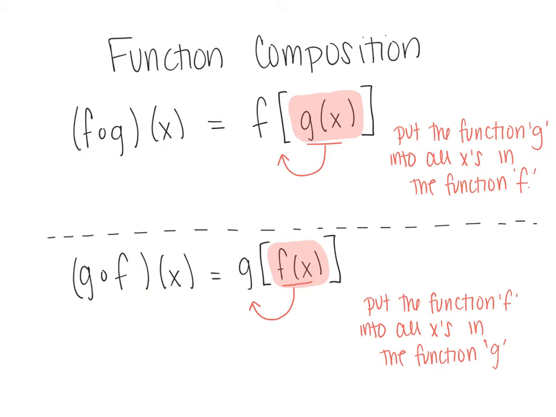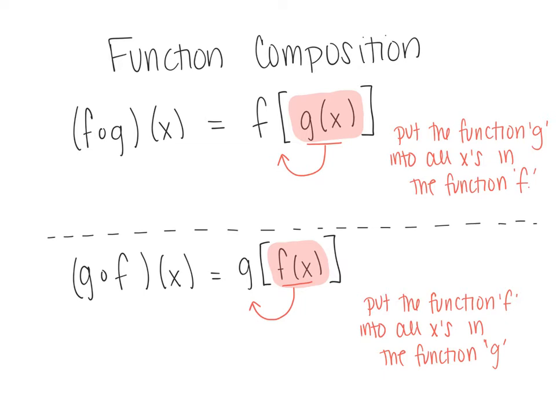Okay, so here's my function composition. f of g of x. That little circle in the middle means "of." So this is take g and put it into f. So take g(x), put it into f. And you see I wrote off to the side, put function g into all of the x's for function f. Whatever that function may be, that's just its name.